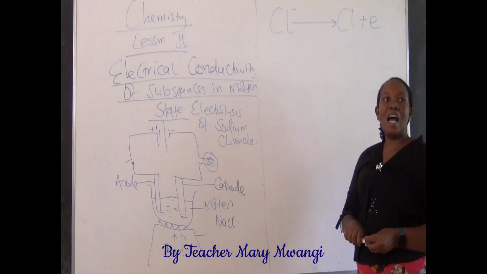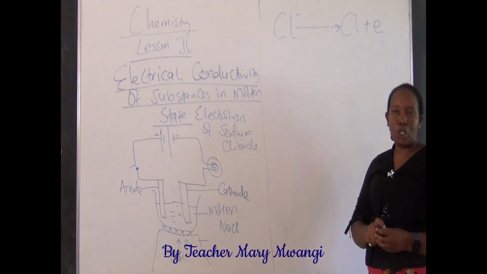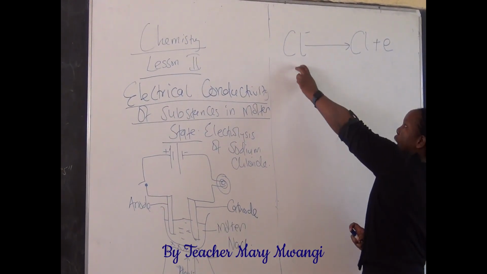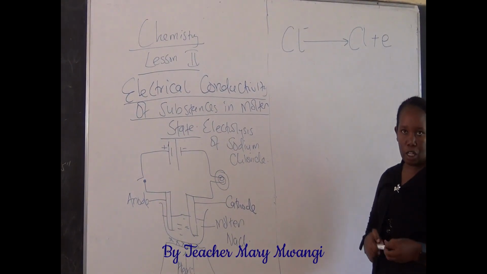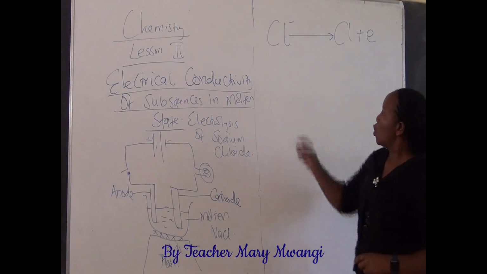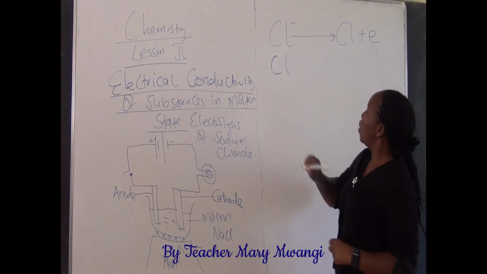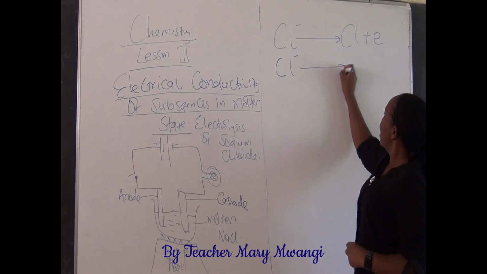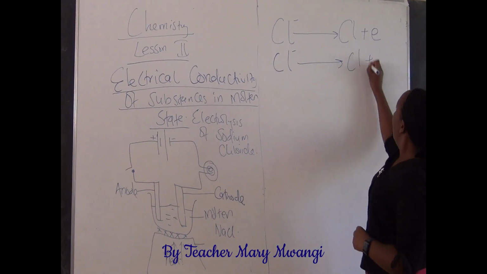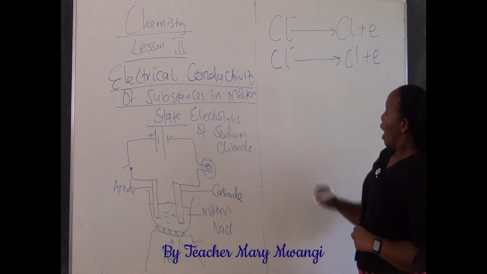Chlorine is a gas and does not exist monoatomically. We will have to have another chloride ion losing another electron for us to have a molecule of chlorine. So we are going to have another chloride ion losing an electron to become a chlorine atom plus another electron.